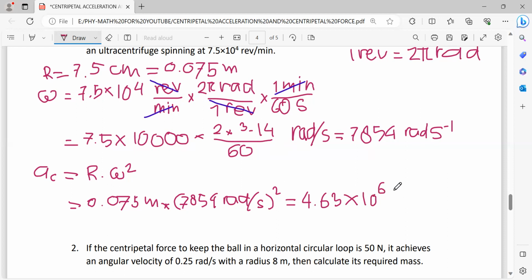And the unit, of course, is meters per second squared.